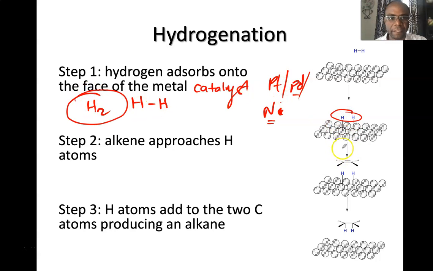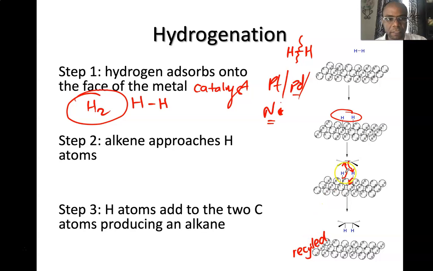So you see it's added. It used to be a molecule, but now the covalent bond is cut and the individual hydrogens are added on the metal surface, and now they can be added on the double bond. Okay, and the catalyst is going to be recycled for another cycle.